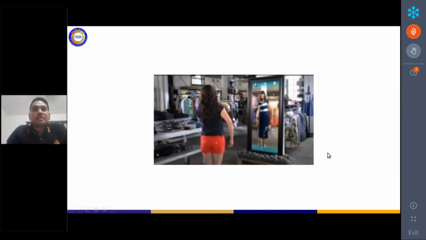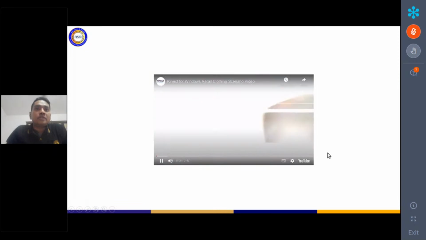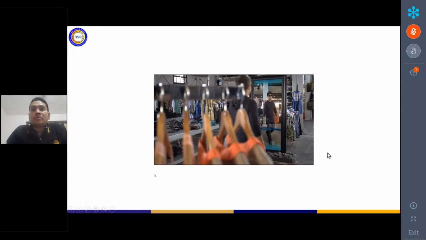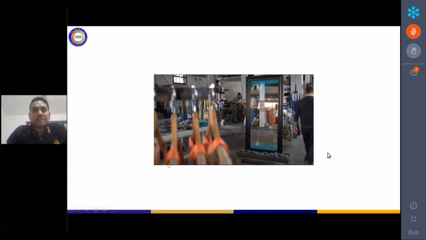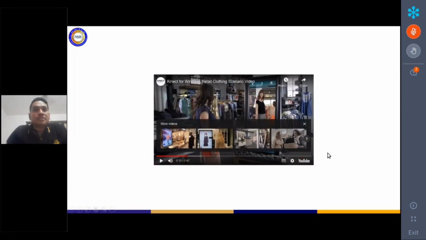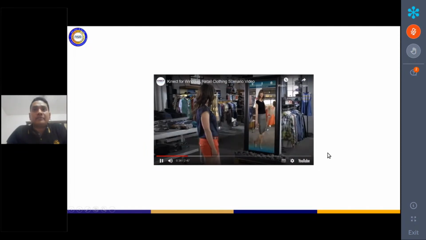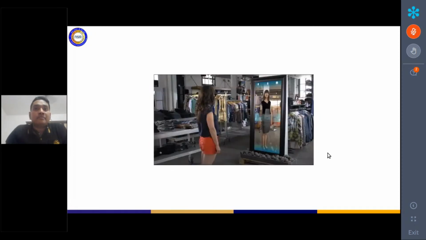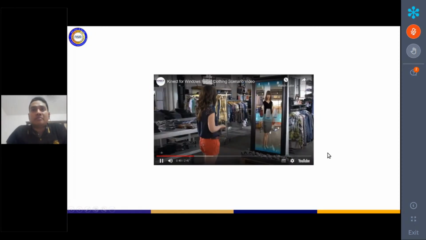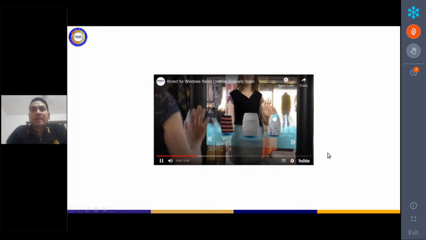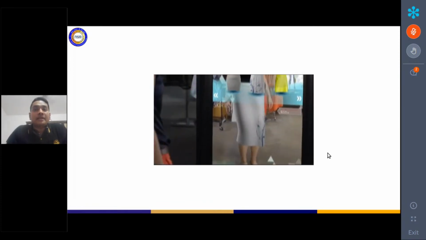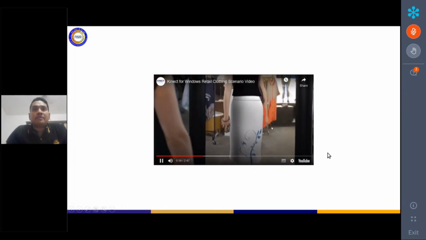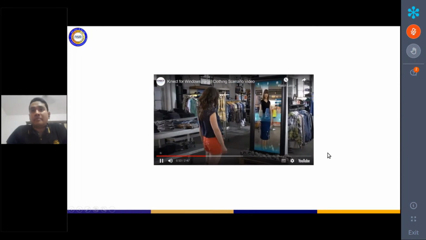Another application is from the retail clothing scenario. You go into a store and, without any contact, you can just try out the clothing available for your shapes and sizes. You can stand in front of the mirror and try out several clothes depending on your requirements and likings, and buy them as you go.